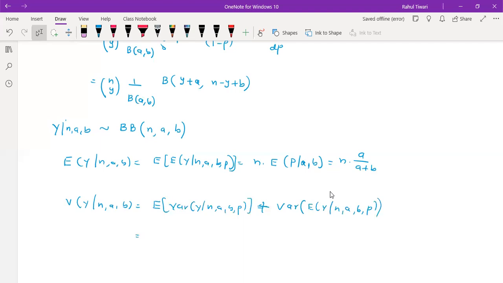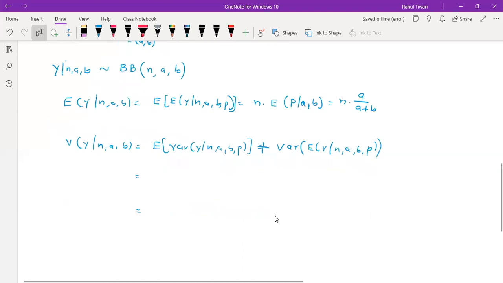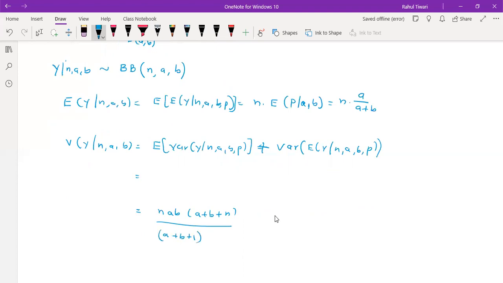I'm just writing the answers at the end here. So this is the variance for this particular distribution.